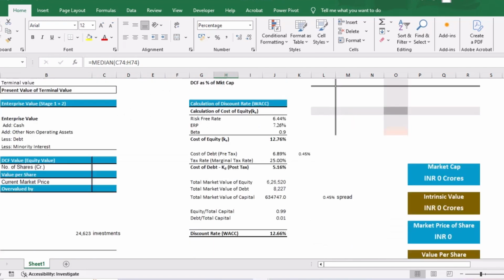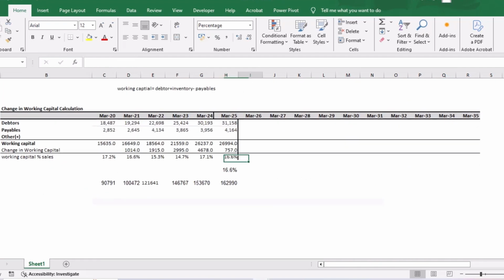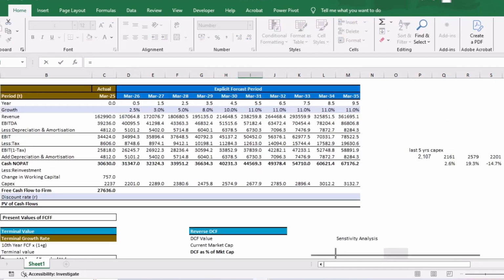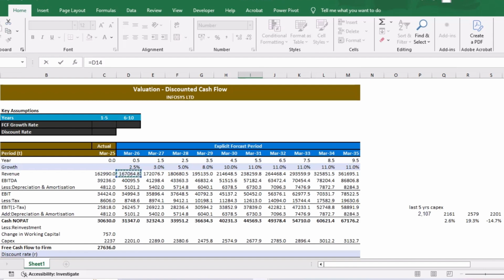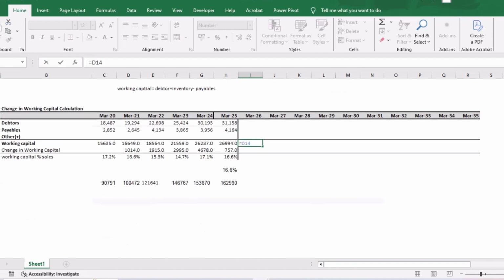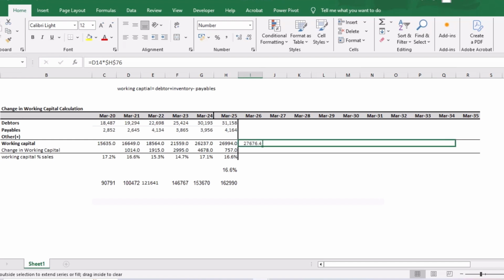So what will be the formula? I will tell you. See this, the sales of FY26 multiplied by this, lock this thing. This will be the working capital requirement for FY26 and same goes on. Okay, and the difference. Wait, I will just drag it.